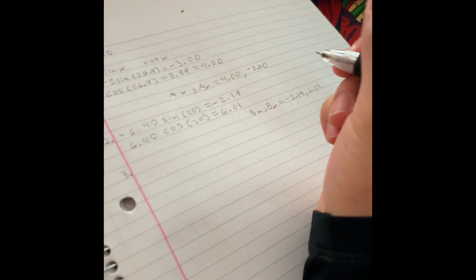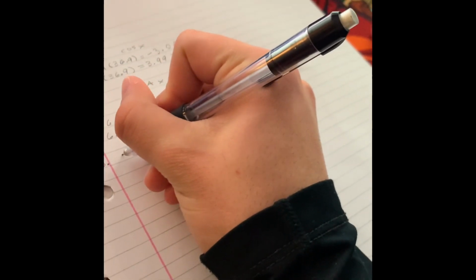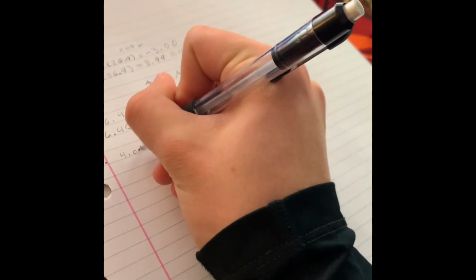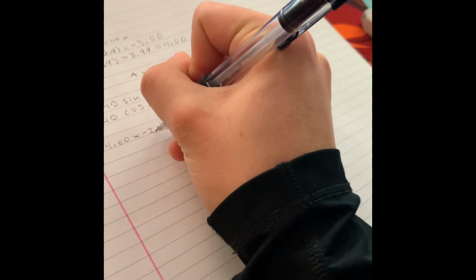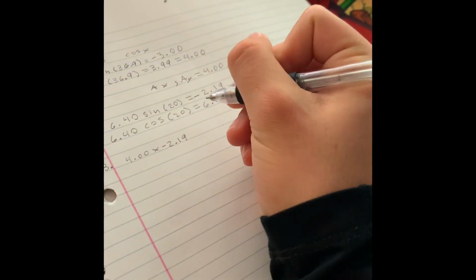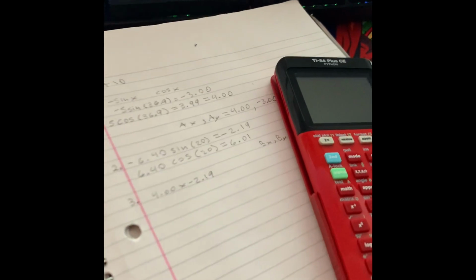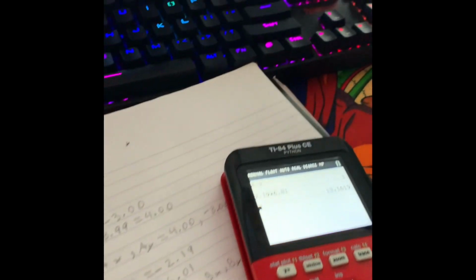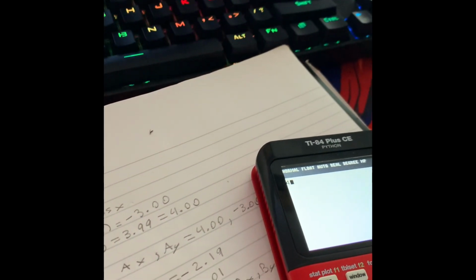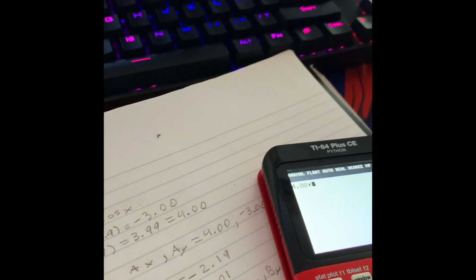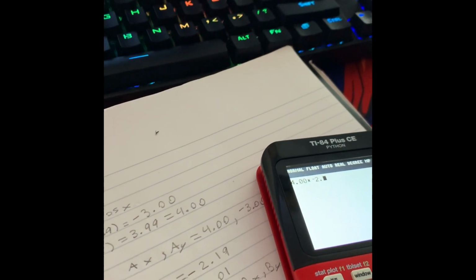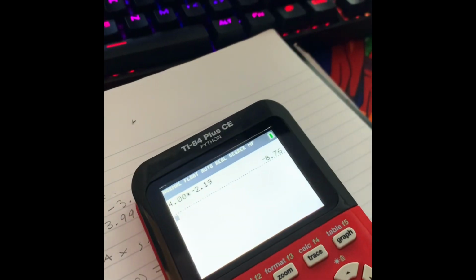So we'll do 4.00 times negative 2.19, which gives us negative 8.76.